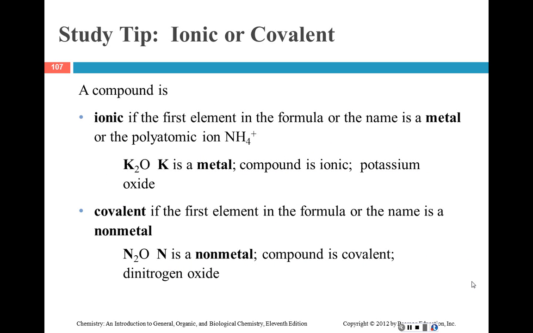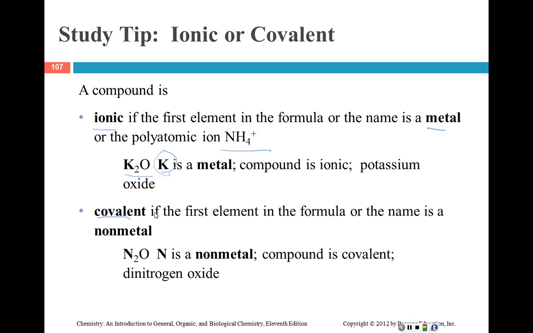So a compound is ionic if the first element is a metal or the ammonium ion. Okay, so when you see the formula, you know in this formula that K is the metal because it's written first. You also look over and see that it's in group 1A or 2A, and so you know for sure.